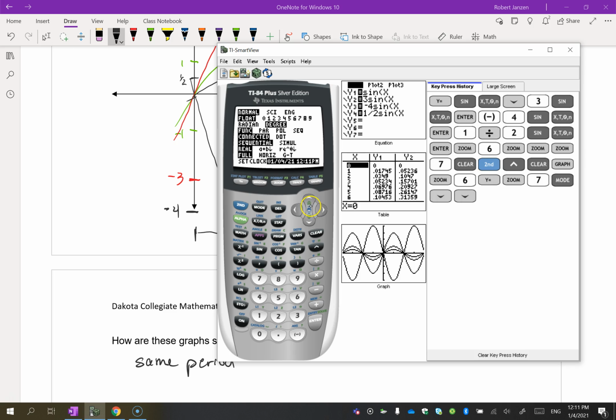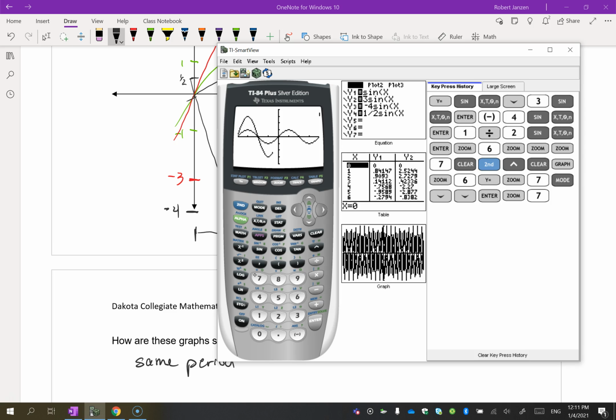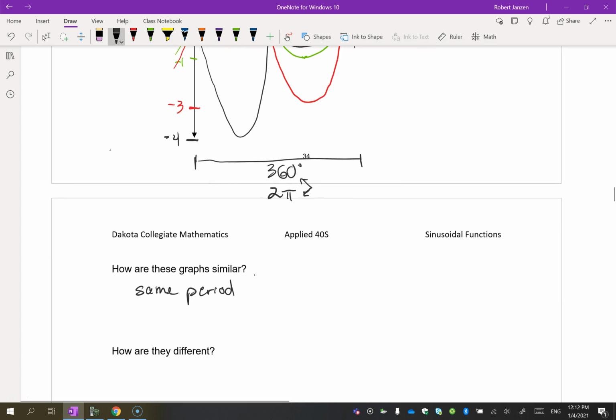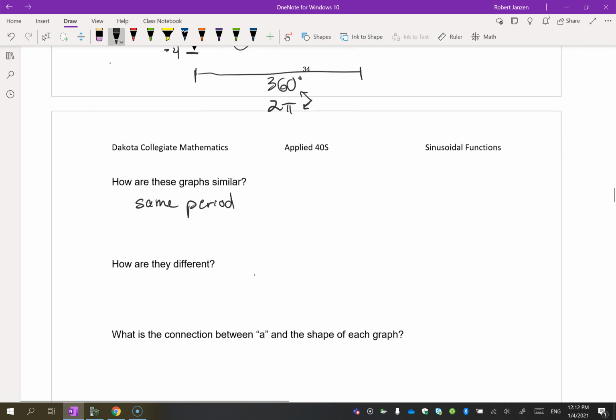If I change it to radians and then go zoom trig, it automatically adjusts, and the graphs will look identical. The only difference is the scale of the graph, which will have different values for the x coordinates. So these graphs have the same period, 360 degrees or 2 pi.